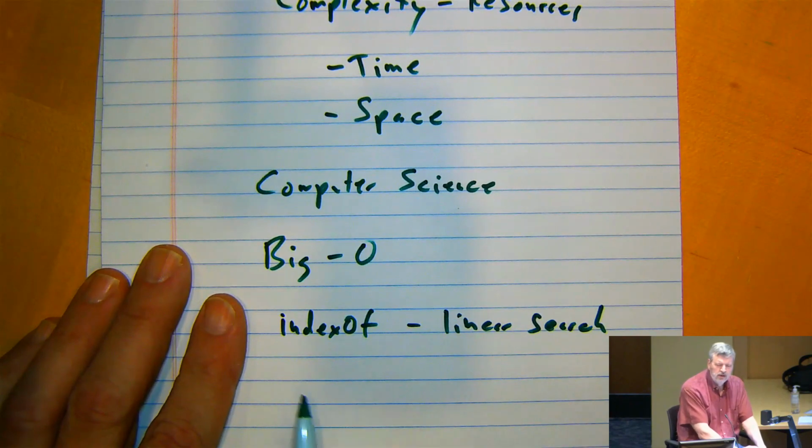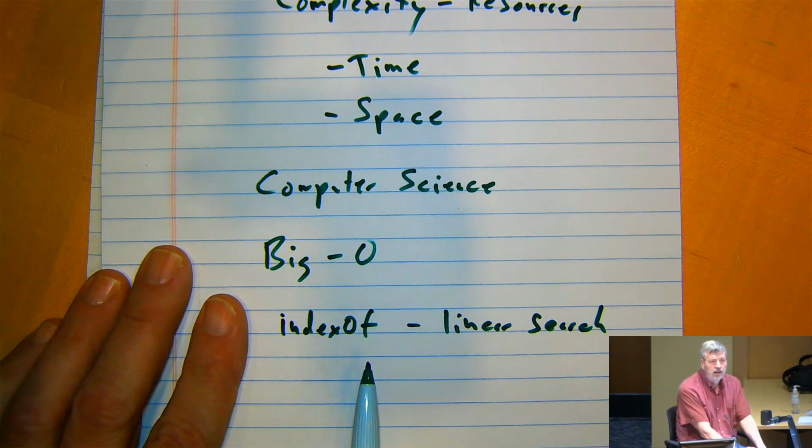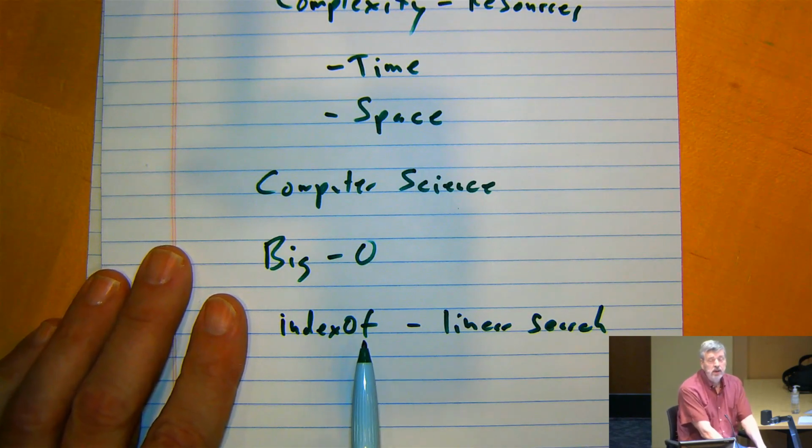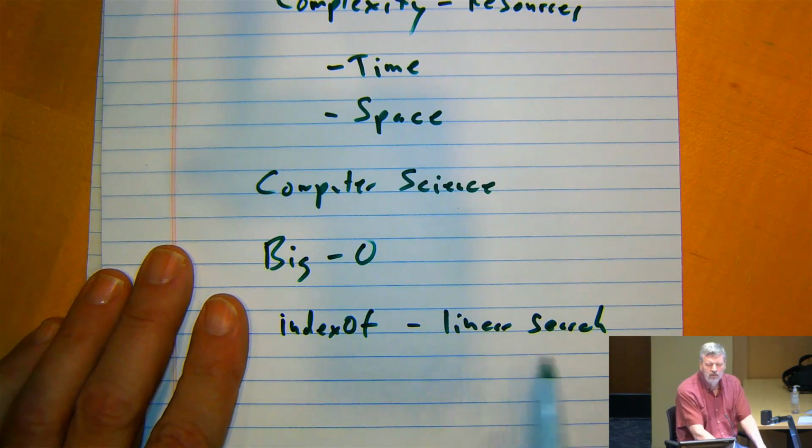The array case is the simplest one to think of. You just look at index 0, index 1, index 2, index 3. Maybe you get lucky and you find it very early in the array, so it might be super fast and you find it right away. If it doesn't appear at all, so if it's a failed search, you have to look at all of the different things that are in the structure.